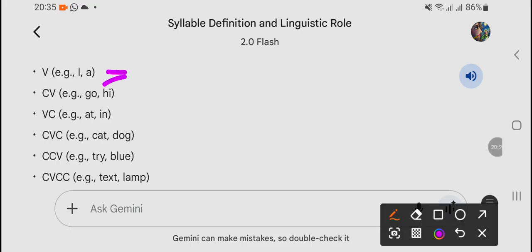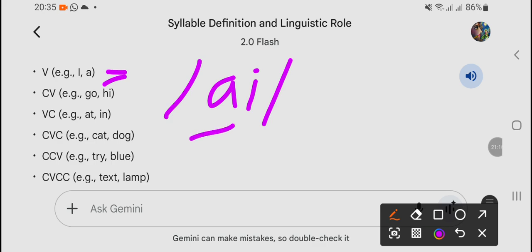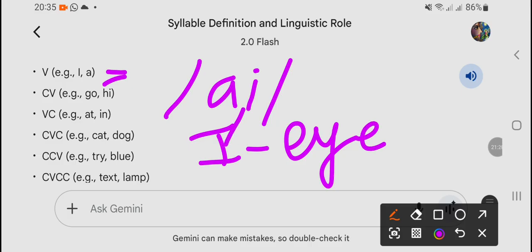If you write I, this is the phonetic transcription, because phonetic transcription cannot be written in cursive writing. This is "I", which means I and eye both. For both words, this is the phonetic transcription.